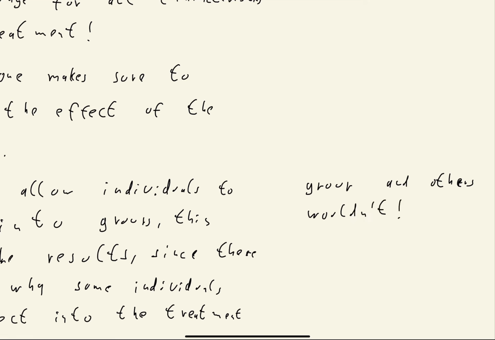Okay, so if you would simply take the medicine example: if you would allow people to self-select into the treatment and the control group, what would probably happen is that the most sick people will self-select into the treatment group, whereas people who do not feel sick would simply self-select into the control group.